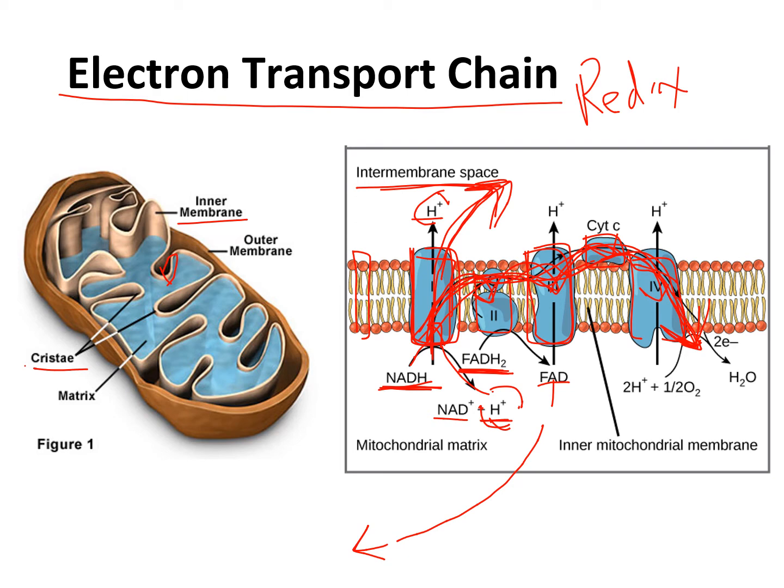So it needs to go to its final resting place. And that final resting place is, it will combine with hydrogen ions and oxygen to form a molecule of water. So this is where oxygen is required in the process of cellular respiration.